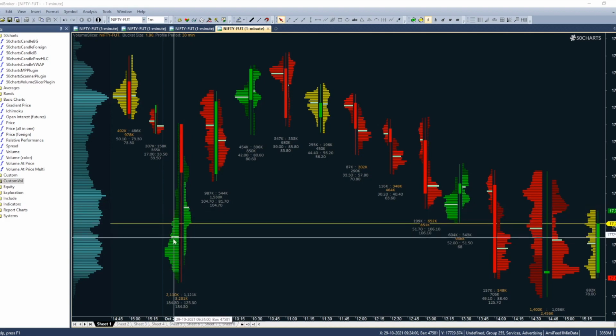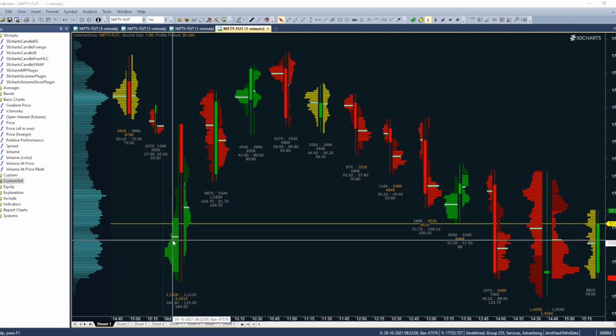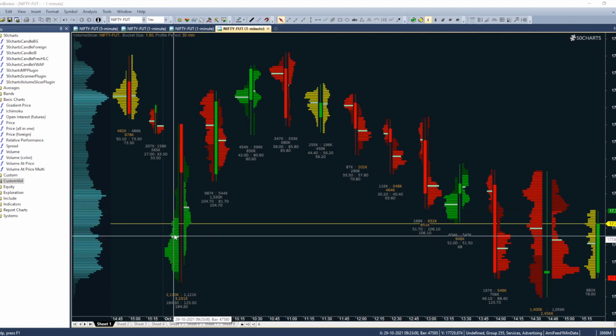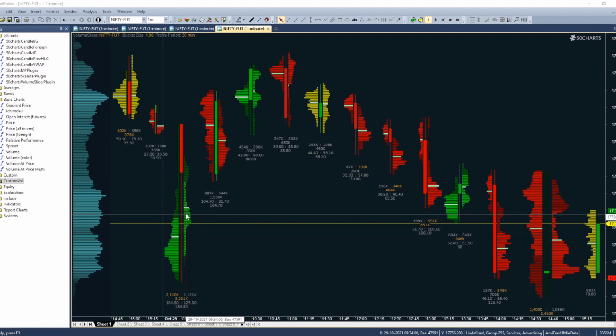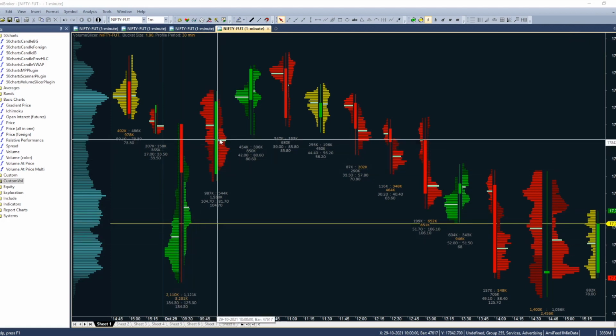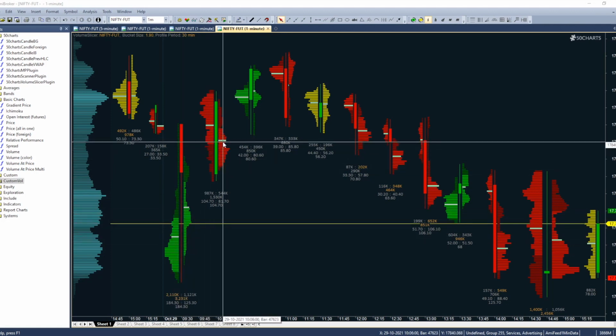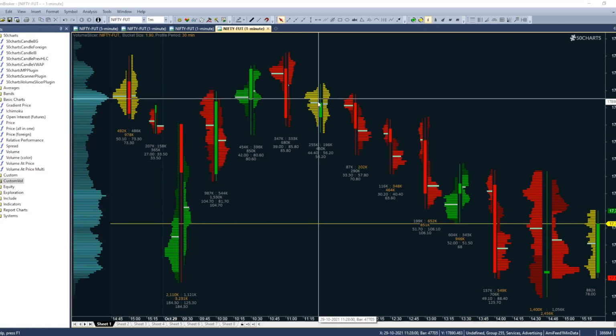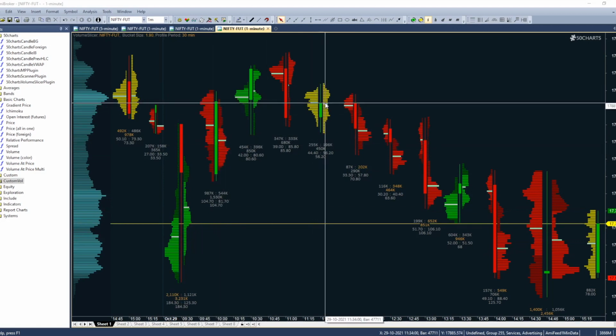So all these are VWAPs. Now if the VWAP of the right side is higher, then we display it in green. If the VWAP of the right side is lower, then we display it in red. If the VWAPs are almost the same between the left and right, we display it in yellow.